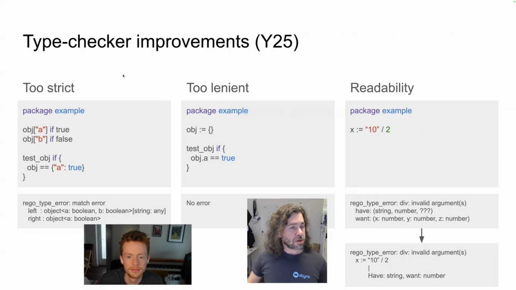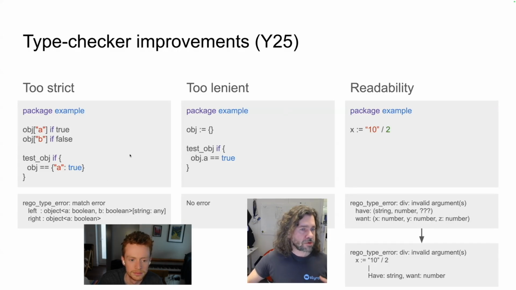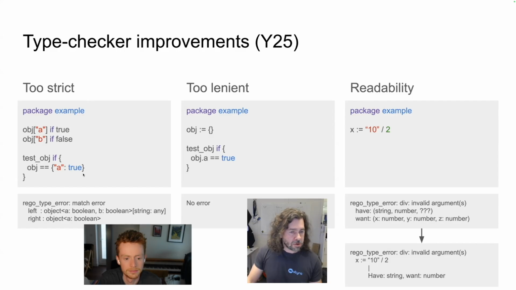Great. So here we have three examples. In the first example, for too strict, we have a partial rule building an object where the B field won't have a value because this rule won't evaluate to a value, which means that object will be undefined for users.